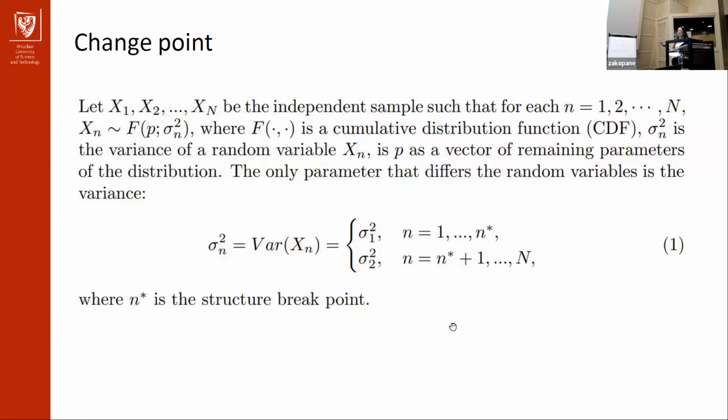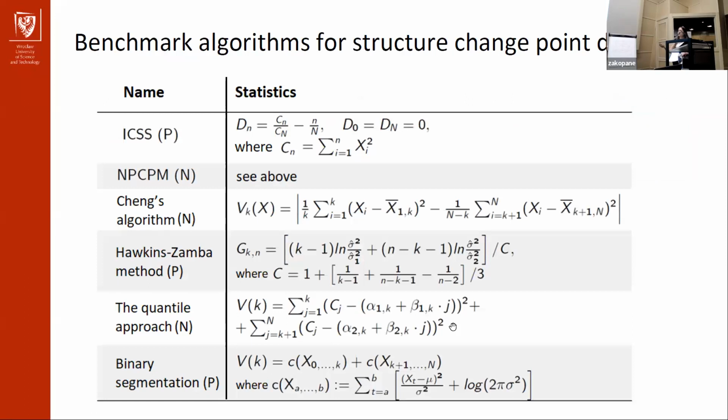For instance, we have a sample with observations 1, 2, 3, up to n star, and they have one particular value of variance. After that point, we have a different value of variance, and we can say that this n star is the structure breakpoint in this case.